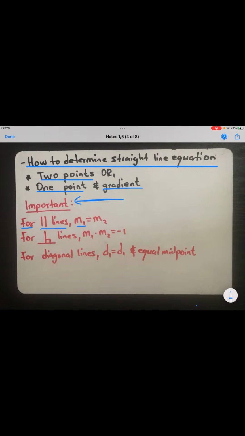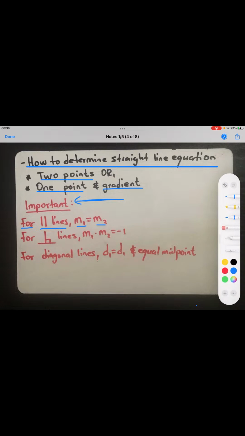So it's more like I'm saying when you have a line which is parallel to that line, the gradient of line 1 is equal to the gradient of line 2. That's all that you need to remember regarding parallel lines. It is as easy as that, but it might be tricky in a question, which is where you need to make sure that you don't miss any of my upcoming lessons.